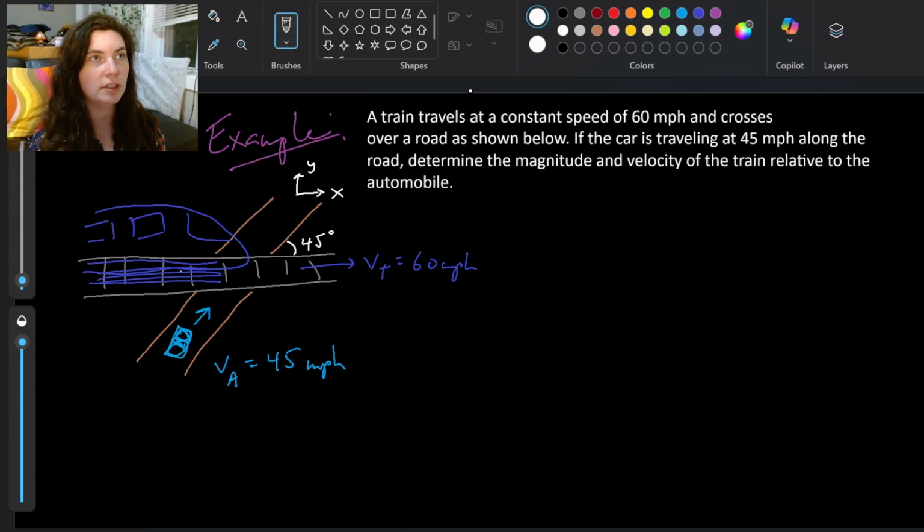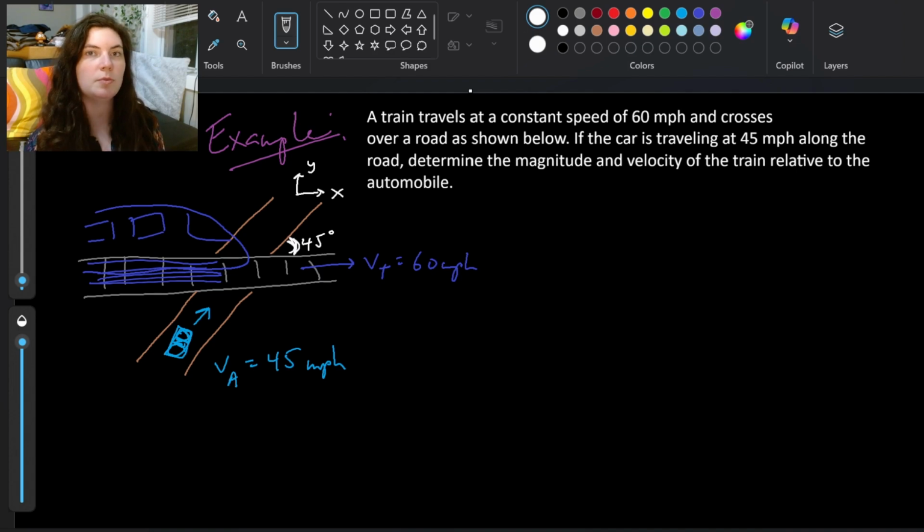Our train is traveling in the x direction, as we have this little xy coordinate system that they gave us. And our car, as we can see on our diagram, is going at 45 miles an hour. And it's along this straight road, where this straight road meets a 45-degree angle with the train.